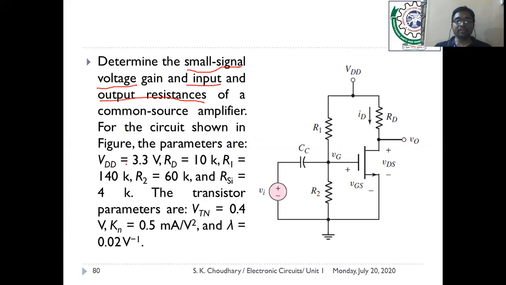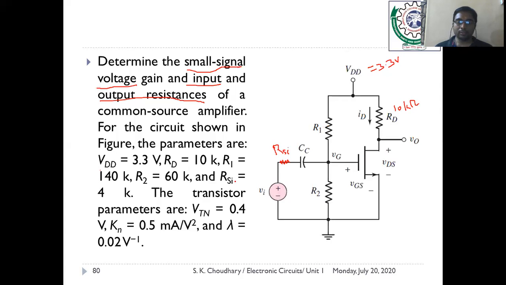Here the parameters are: VDD is given as 3.3 volt, then RD is given as 10K. Please solve it, this is a very important numerical. Then R1 is 140K, R2 is 60K. Here RSI is not shown, but it is in series with the input voltage source.